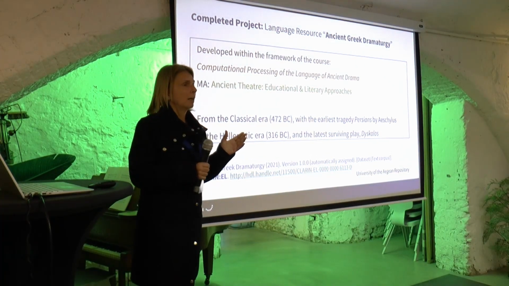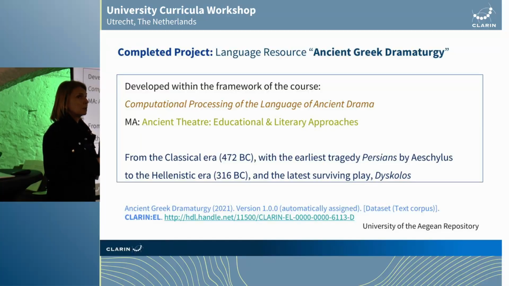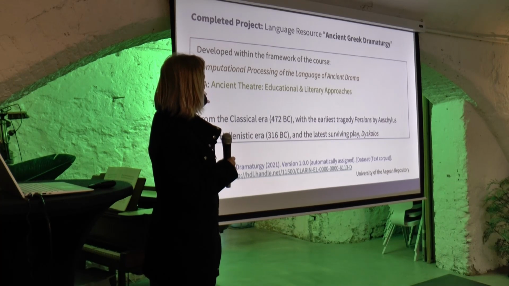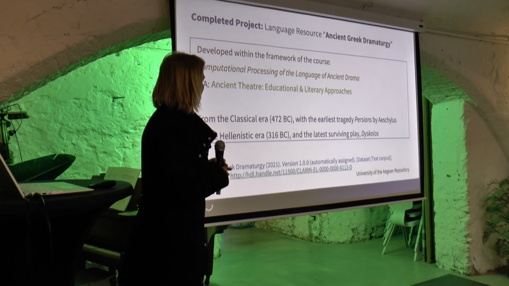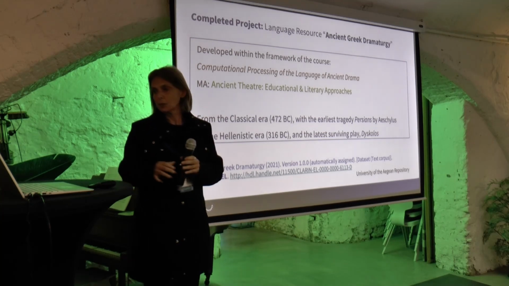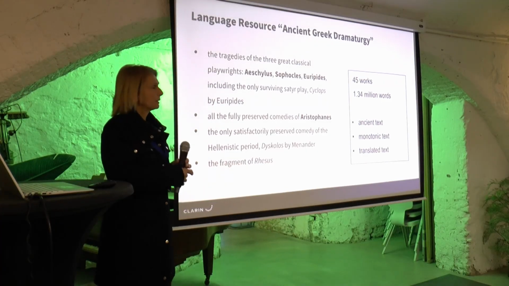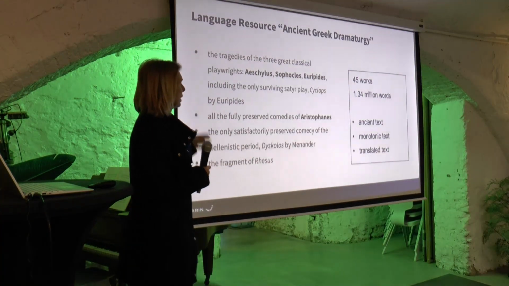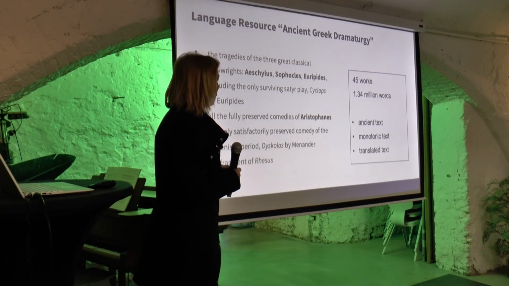What is important is that we already have a language resource in the repository of CLARIN, which has been developed by the students of this Master of Arts within this course. Not only the content, but metadata, documentation, everything was developed by the students, with my supervision, of course, but it was their work.